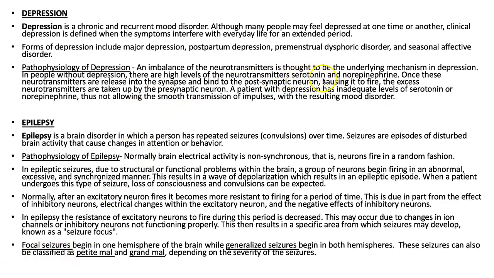So with a decrease in serotonin, people can take pills like Prozac, which are SSRIs, selective serotonin reuptake inhibitors, so that the serotonin stays in that synapse longer, and as a result can rectify the imbalance.